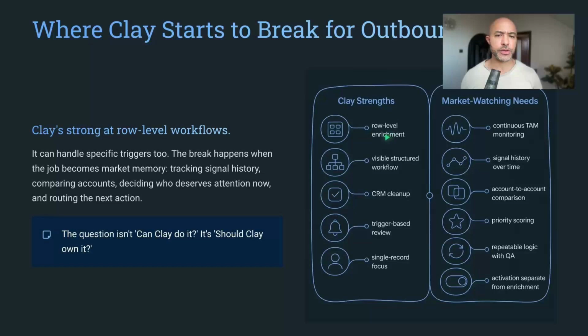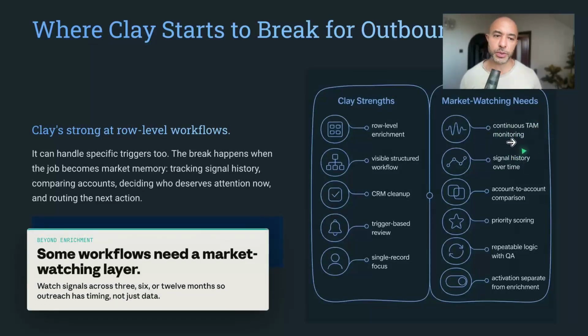So Clay's strengths are row level enrichment, the visible structured workflow, CRM cleanup, trigger based reviews, kind of more of a single record by record focus. And the total addressable market or market watch approach that I take often, and more so these days, is continuous monitoring of the total addressable market, signal history over time. What does that mean?